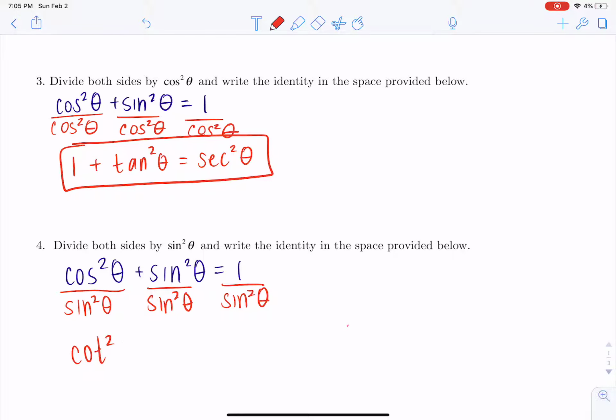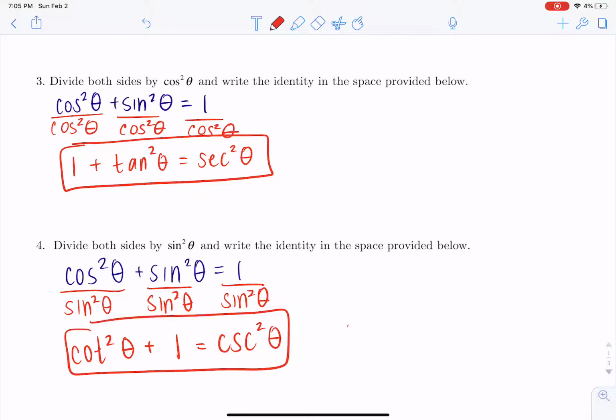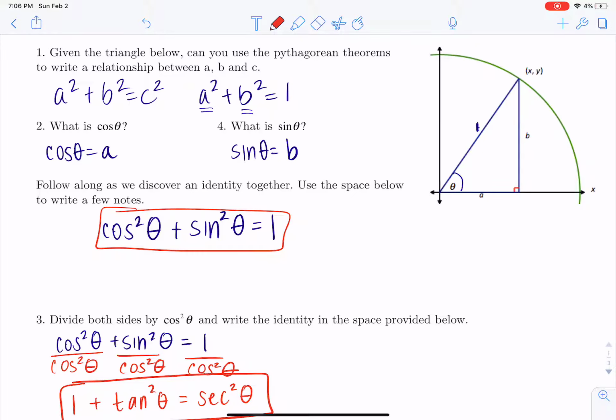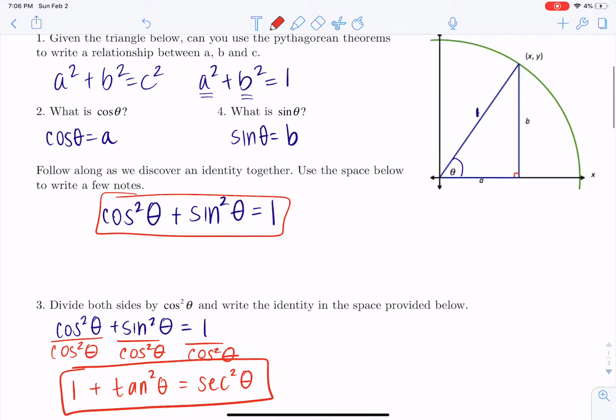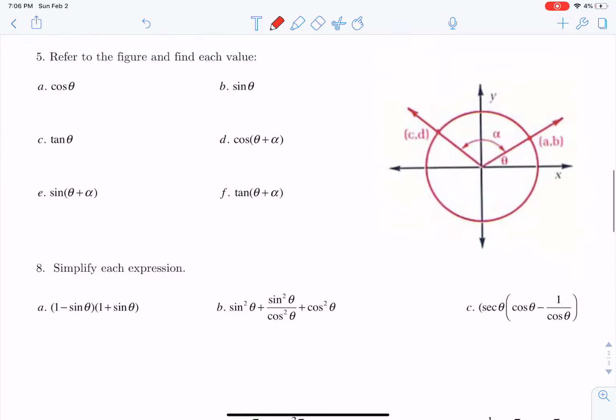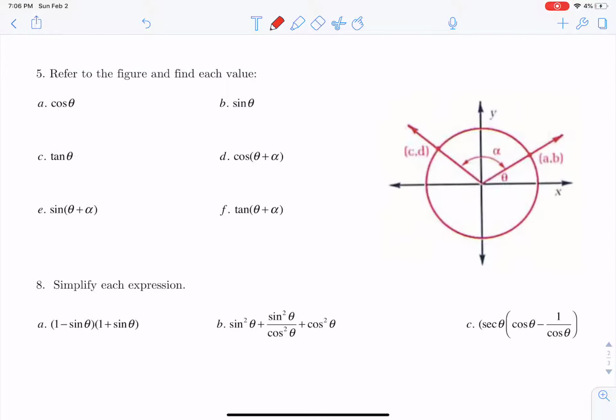So cotangent squared theta plus 1 is equal to 1 over sine squared theta, which is going to give me cosecant squared theta. So those are my 3 Pythagorean identities that we just identified using a right triangle and the relationship that we know about the Pythagorean theorem.